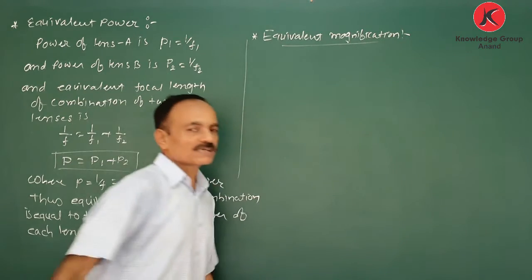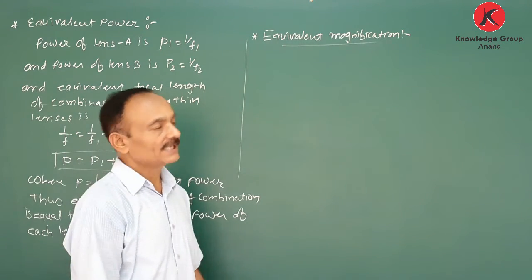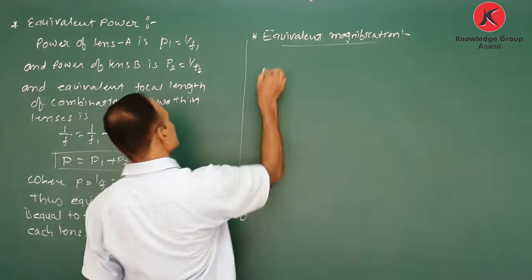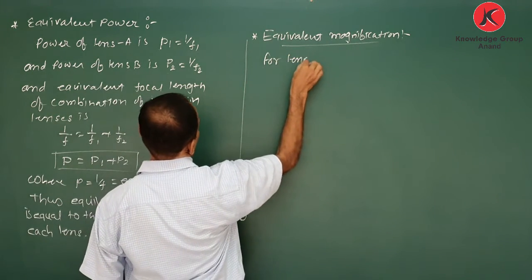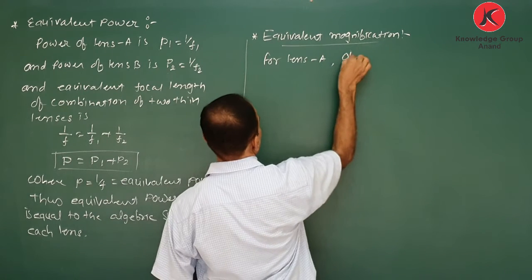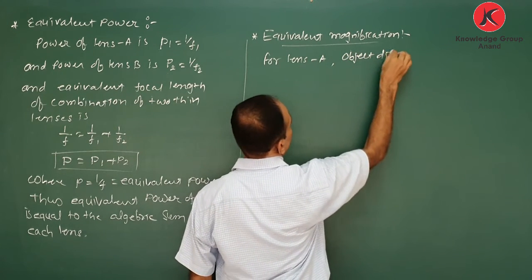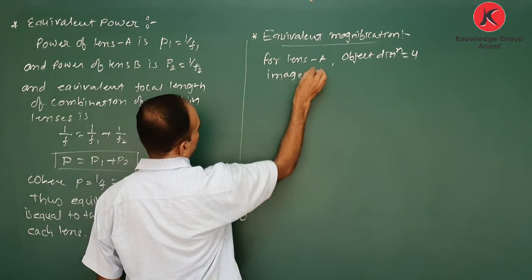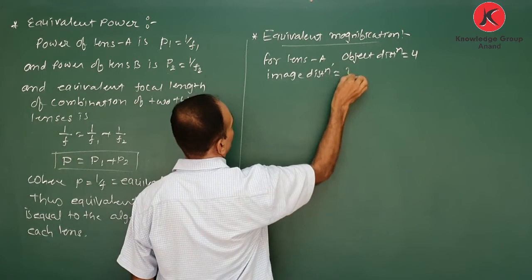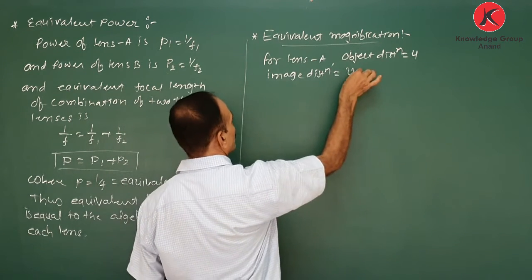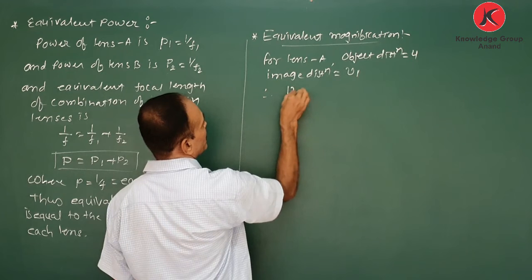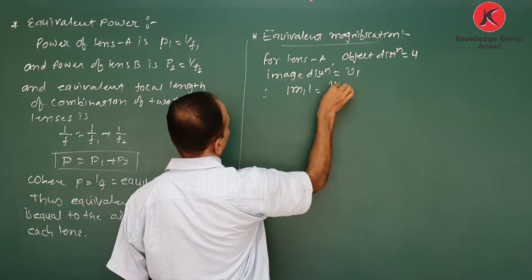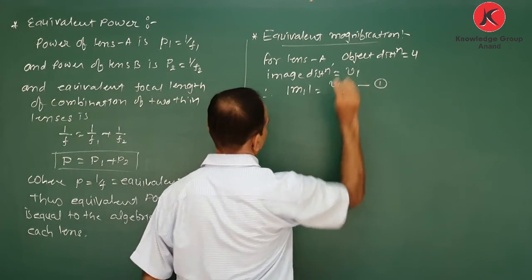Okay. Now, what is the magnification for lens A? For lens A, object distance is u and image distance is V1. Therefore, the magnitude of magnification M1 is equal to V1 upon u.